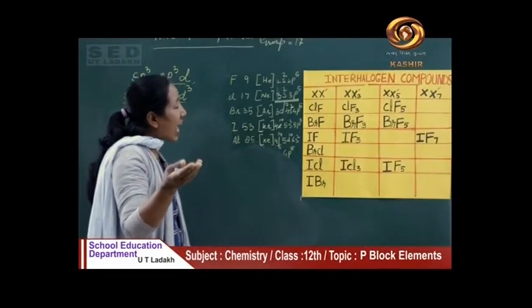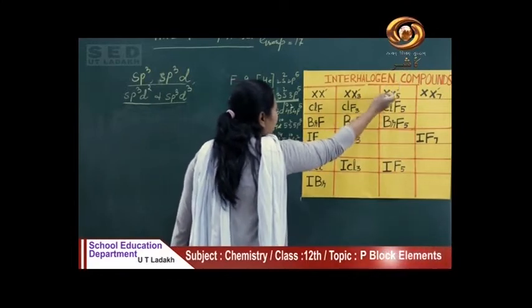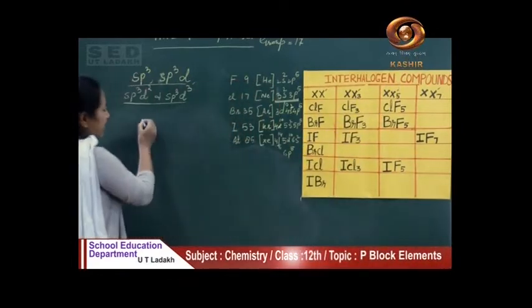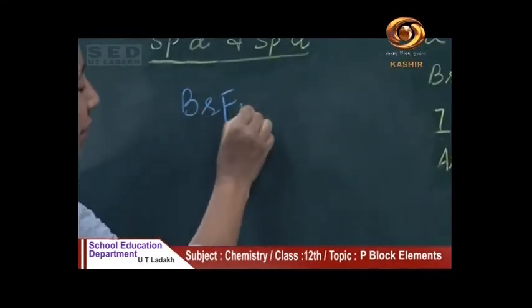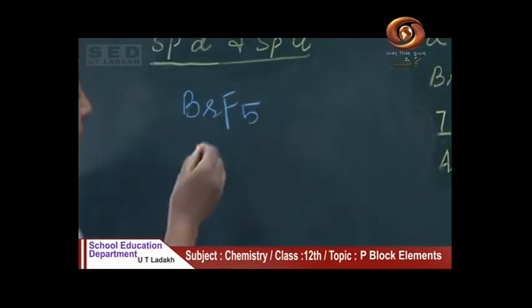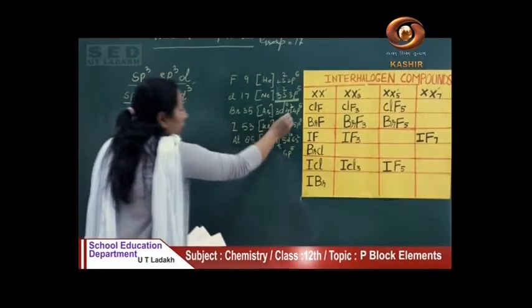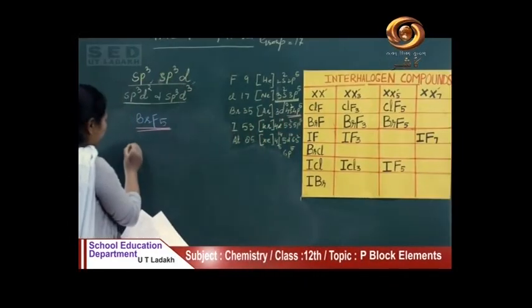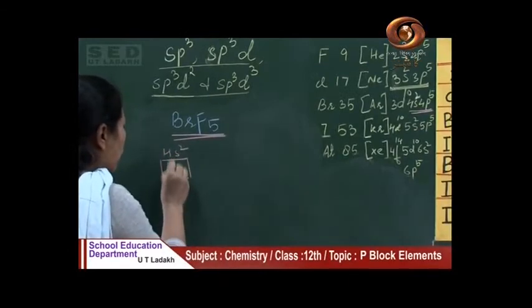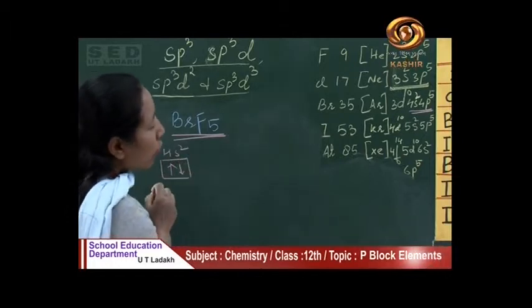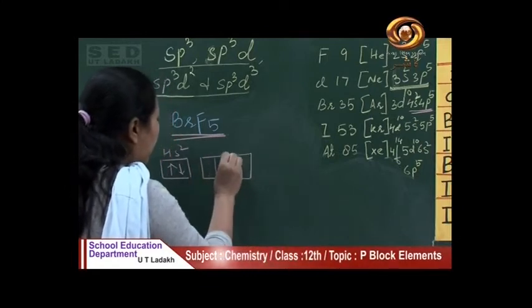Well, student, our next interhalogen compound is XX5, that is BrF5. It also has 4s2 and 4p5.